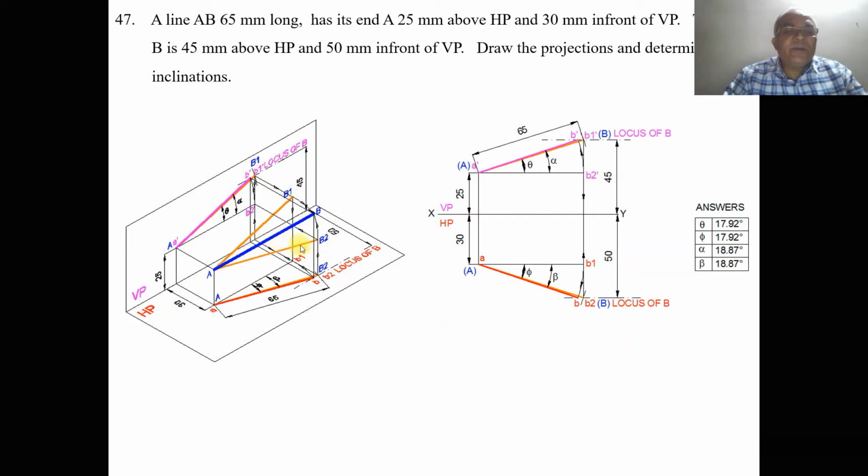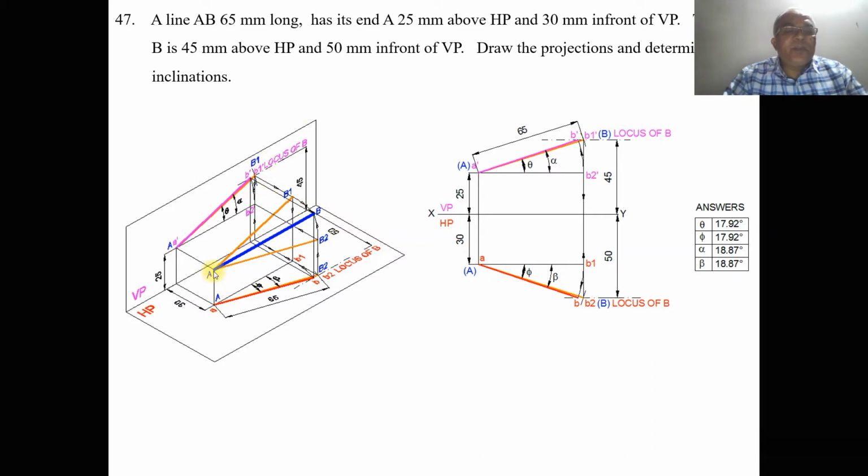When you look from the front view, that image is projected onto the vertical plane. So you get B2 dash here and A dash here. But actually the locus of B in the front view is above HP by 45 mm. Now B2 is 25 mm above HP, so you have to rotate it such that B2 becomes above HP by 45 mm.